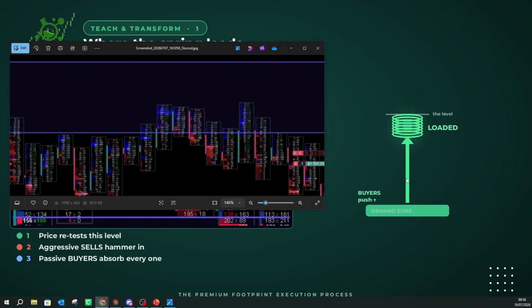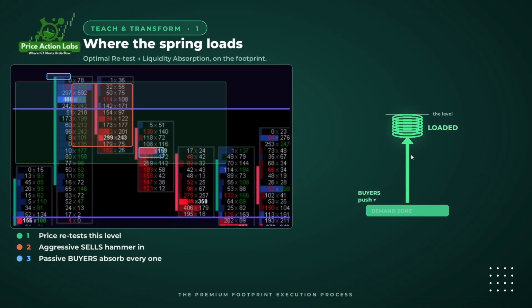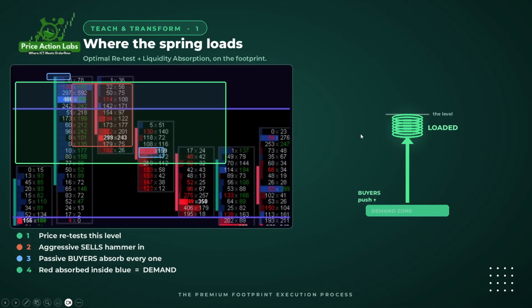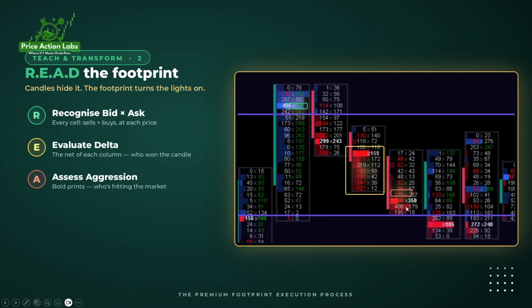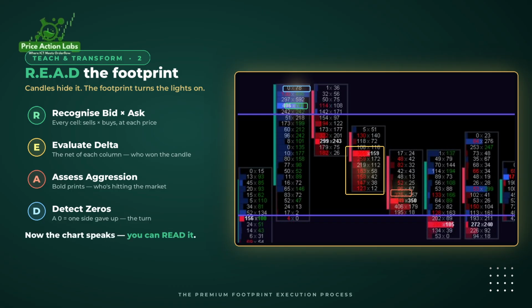Now, when the spring is loaded and we let go of the spring, that's when we have the move to the downside. So this is the absorption of buyers, okay? And this is where we want to use the read footprint example. So we want to recognize a bid and ask, evaluate the delta, assess the aggression, and detect zeros. So we go positioning, price, proof, and precision, right?